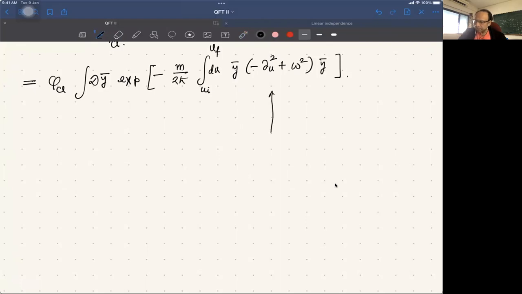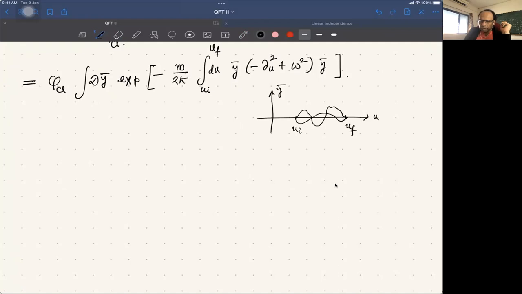So here y bar as a function of u, this is ui and this is uf. We have all sorts of paths whose boundary conditions are that they vanish at ui and uf.